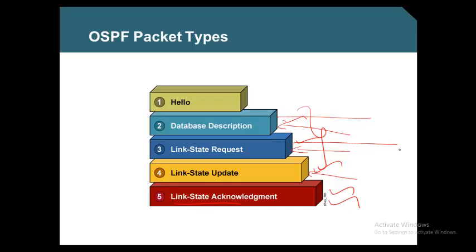When a reply, LSU, has been sent, the receiver will say, I got your update. That is what LSAC is. For hello, we don't send any LSAC. Hello is hello. There is no need for acknowledgement for that. But for the other three, DBD, LSR, LSU, acknowledgement is always sent.